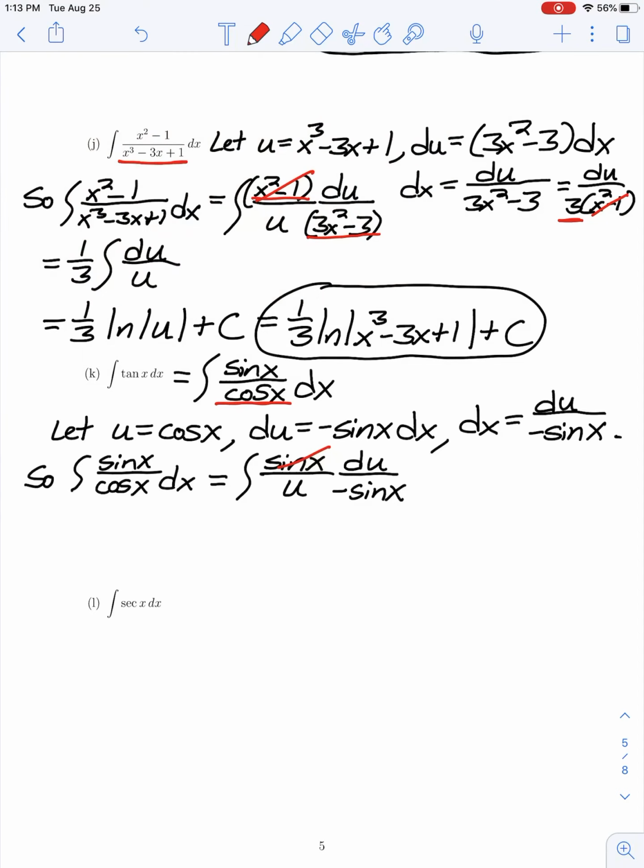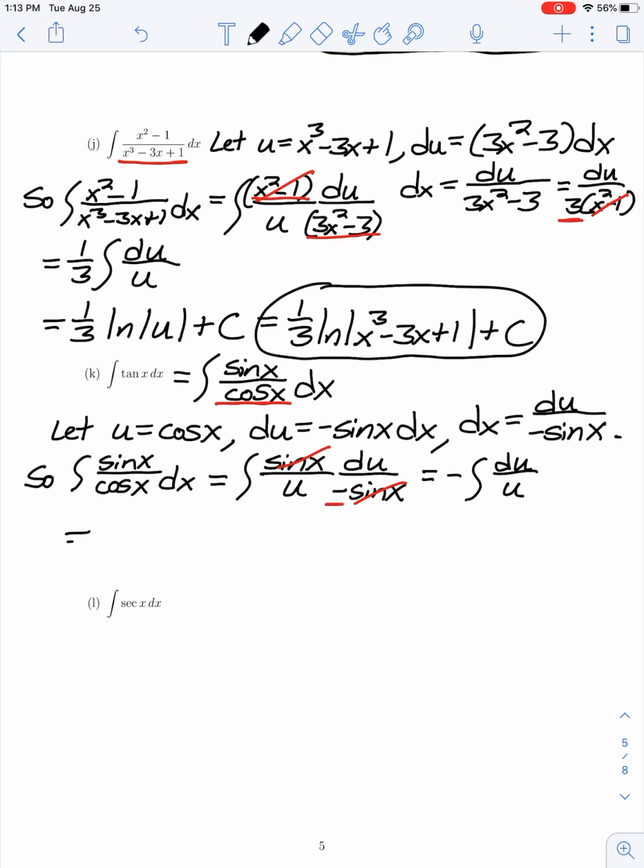So we see here that the sine x factor in the numerator and denominator cancel. We're left with a constant factor of -1, which we can bring out in front of our integral. And we then have du over u.